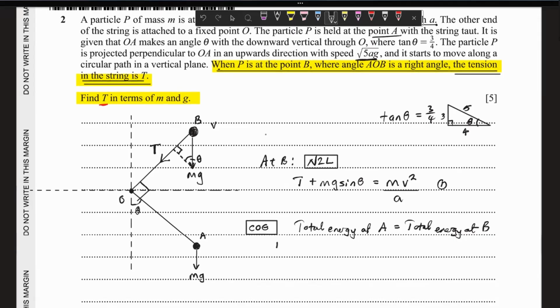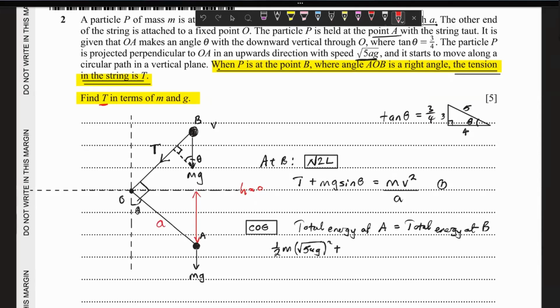So the kinetic energy is half m of the square root of 5ag, squared. And that's going to be plus the potential energy. We're going to take the level of O to be h equals 0, which means we need this vertical distance.